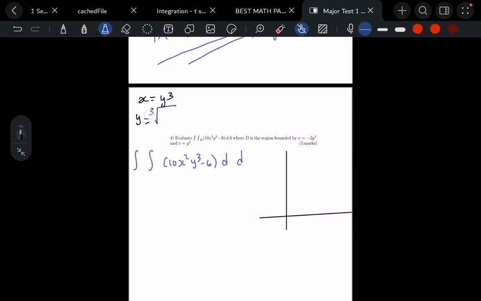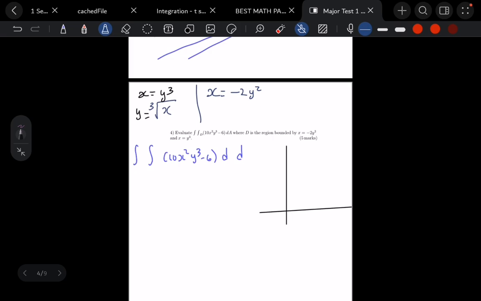So you understand that part. And then if we say x is equal to negative 2y squared, your y is actually going to be the square root of negative 1 over 2 x.